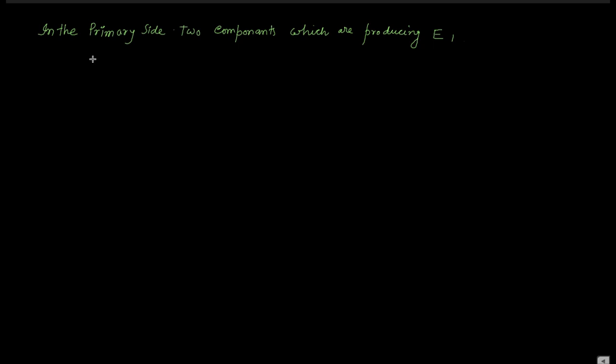EM1 will be 4.44 into N1 into F into phi m, and E sigma 1 will be 4.44 into N1 into F into phi sigma 1. This will be sigma 1, not 2. These are the two components that produce E1 and E2. Is there any doubt?